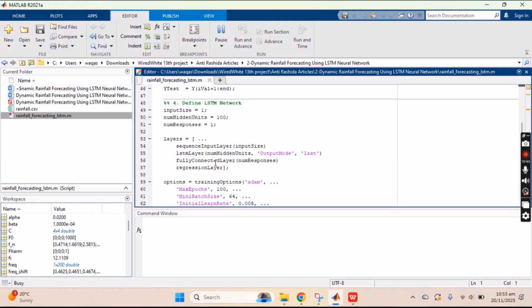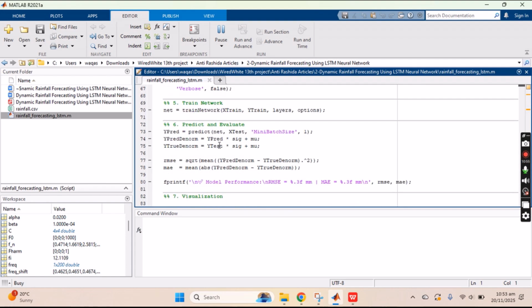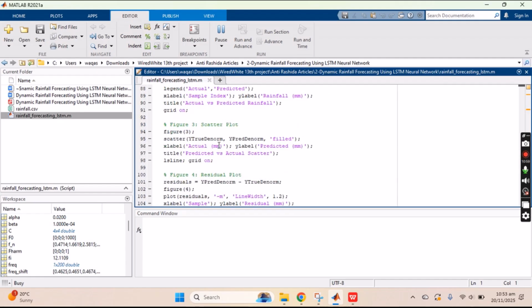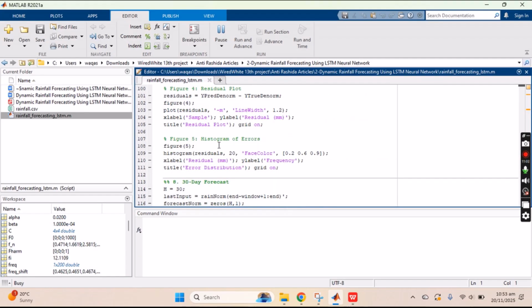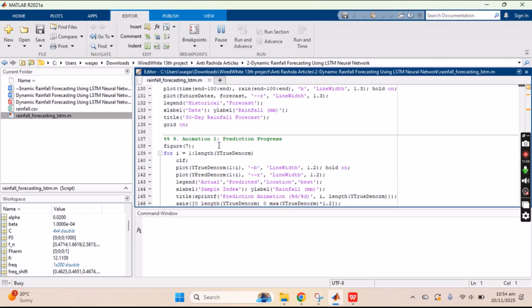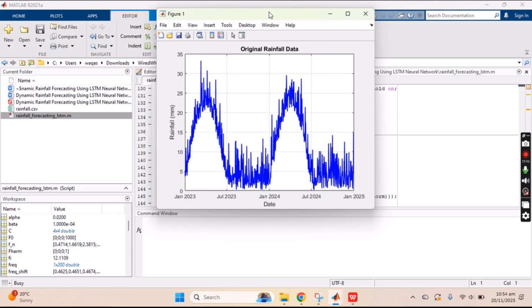Then we define the long short-term memory network, and next is train the network, predict and evaluate, as well as visualize the actual and predicted data accordingly, for 8 to 30 days with the animation of different days at specific areas. Okay, figure 1 is the original rainfall dataset.